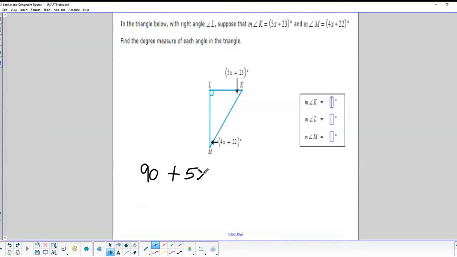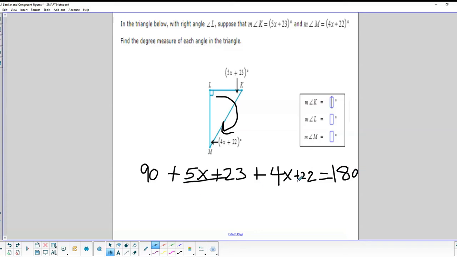plus 5x plus 23. I'm just going around the triangle in this direction and adding up the 3 angles. It doesn't matter what direction you actually go, as long as you get them added correctly. So those 3 angles have to total 180 degrees. Well, what do I do next? Well, I combine my x's. 5x, 4x equals 9x.